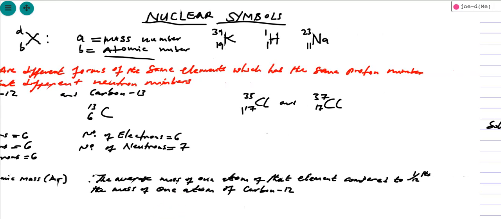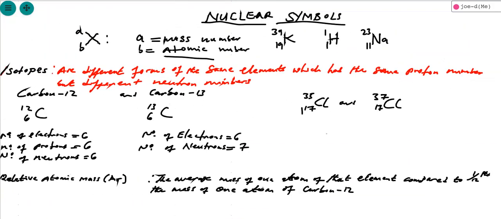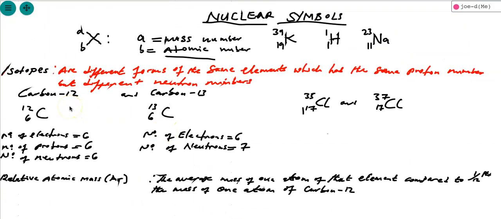For example, let's look at the different isotopes of an element, which occur in different quantities. So for example, if we go back here, with carbon, it is very likely that maybe 70% of the carbon you will see will be carbon-12, and 30% of carbon in existence will be carbon-13.